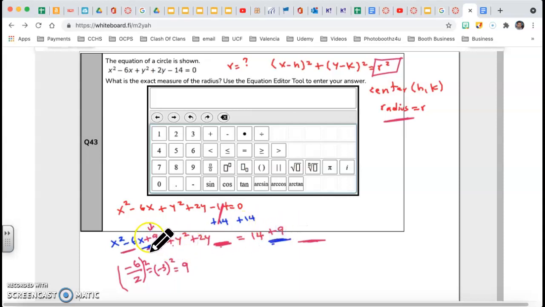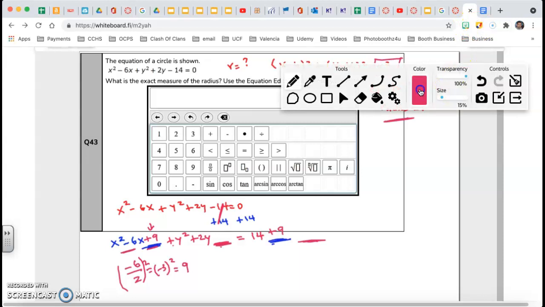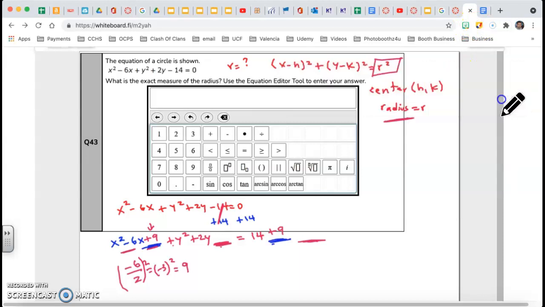Whatever I do on the left side, I do on the right side. Now let's do the same process for the y. Let me change the color to help identify what's going on. Whatever is in front of the y, not the y squared, not the x squared, which is the 2, I divide by 2 and raise to the second power. 2 divided by 2 is 1, to the second power is 1.